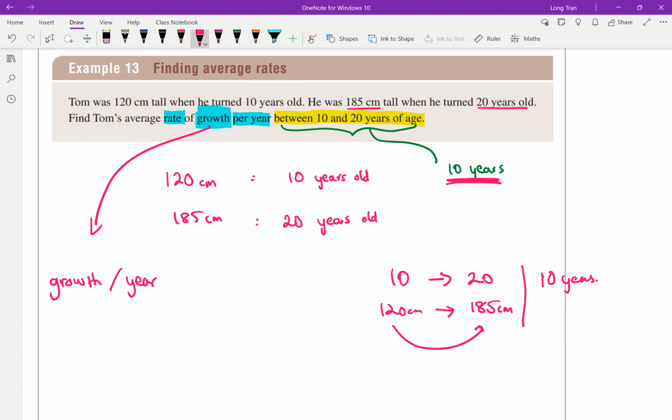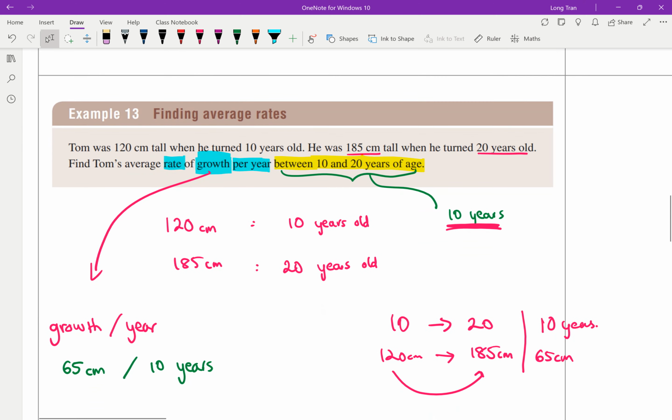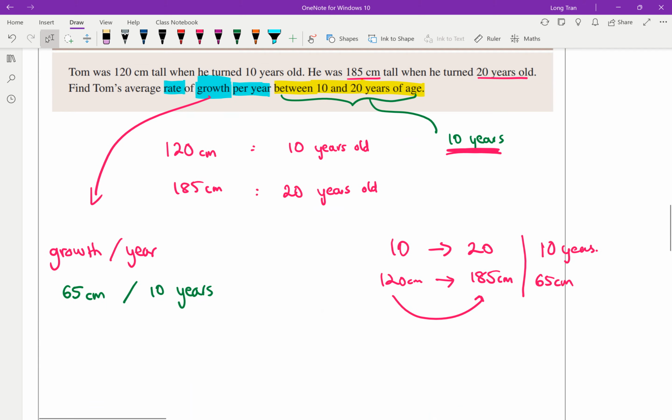That's a 65 centimeter growth. Can you see that? So essentially the rate would imply that it's 65 centimeter growth per 10 years. So now we've got the rate. See how I extrapolated the information? That's the skill for the next part.